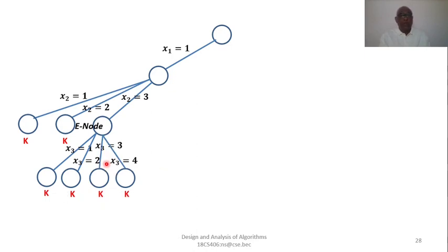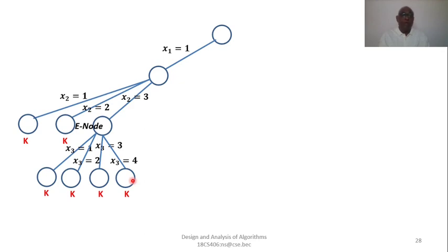Of course, because you are used to the principle of backtracking now, I at once created the nodes corresponding to the value of x3 equal to 3 and x3 equal to 4, and also have shown them as nodes which are killed because the partial solutions represented by these two nodes do not satisfy the bounding function.